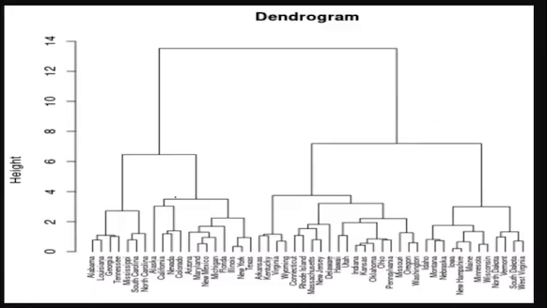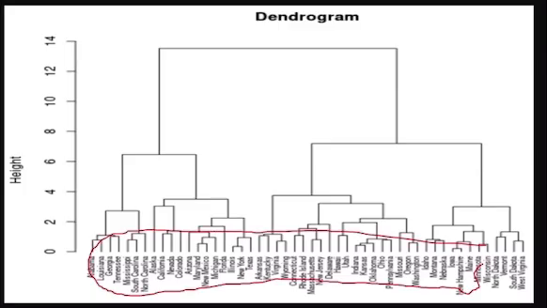These are the states. Those are the states in the United States that we want to classify into different groups, taking into consideration the violent crime variables. And let me tell you this, you see the height of this one? That is about 13.5.